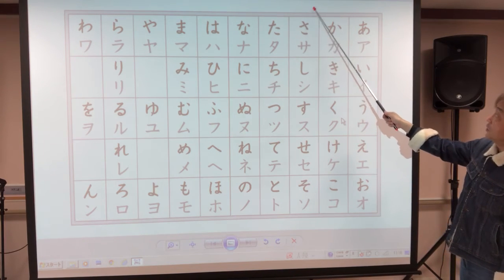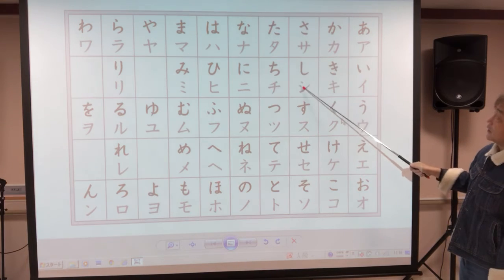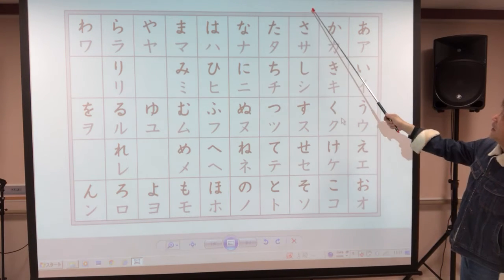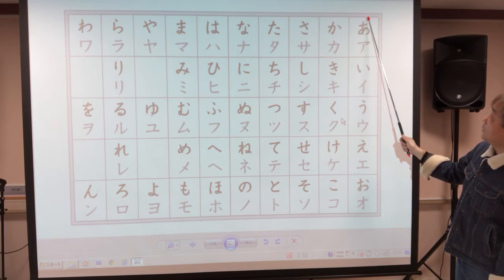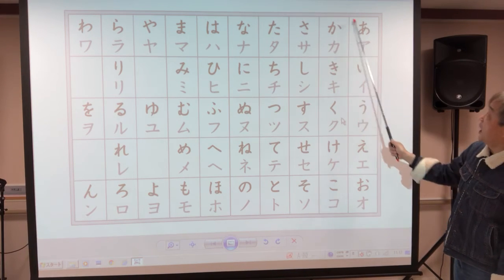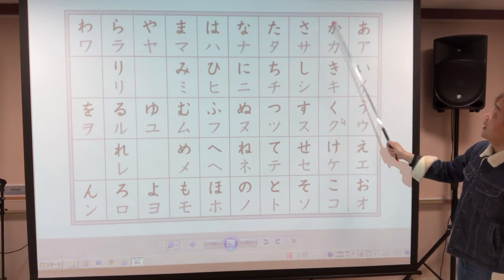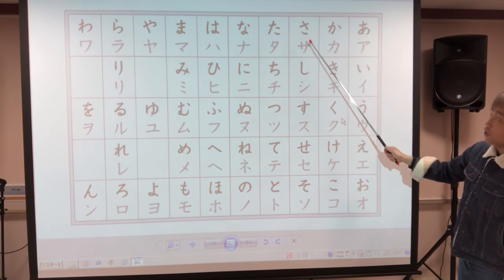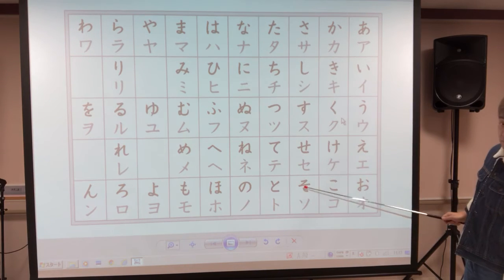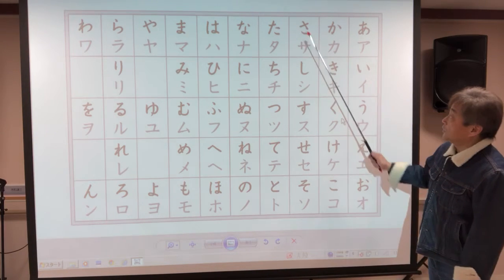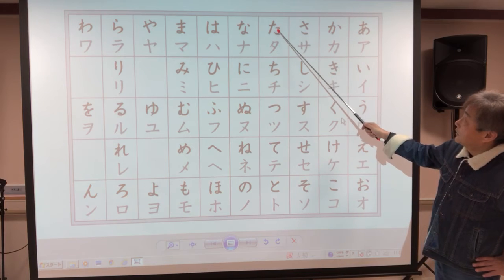This line starts with the consonant S. S combined with the first vowel, which is A. Sa, shi, su, se, so. Okay, I'll go on to the next one.